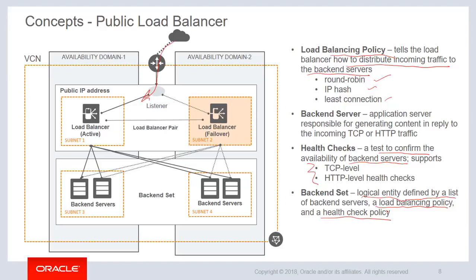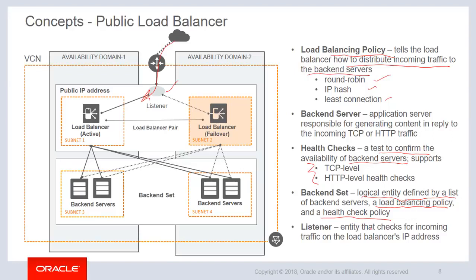Because a load balancer, as we'll look into later, can have multiple backends depending on the listeners you have. You can have multiple listeners here, so we make things simpler by grouping all the backends in a backend set and treating them as a single unit.